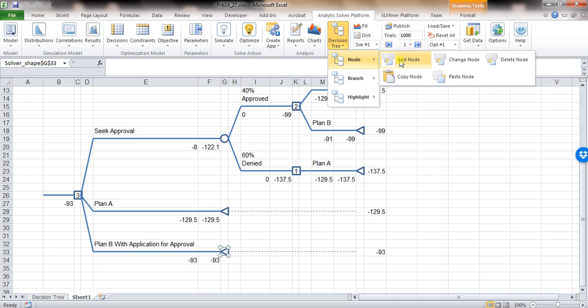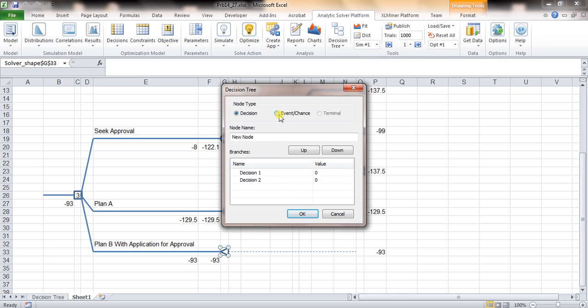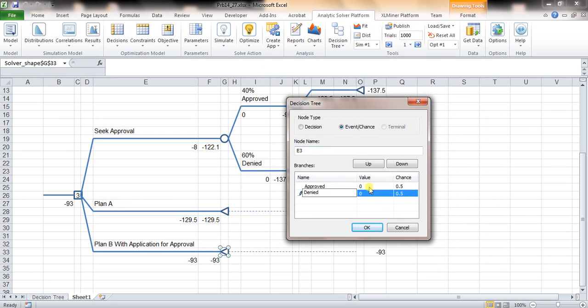So there will be an event node, and the event results can be approved or denied, and the chances of being approved is 0.4 and denied is 0.6.